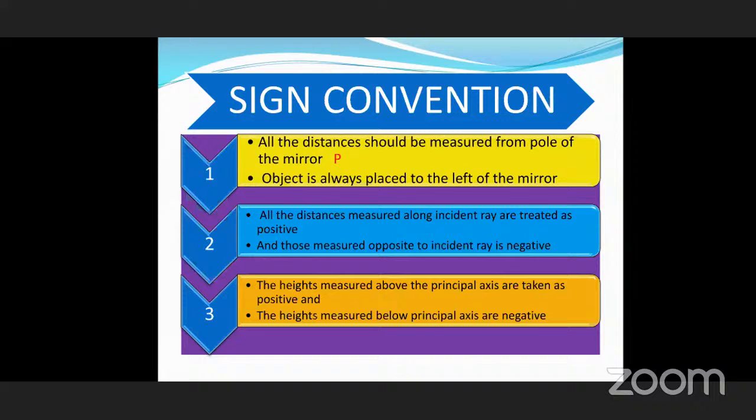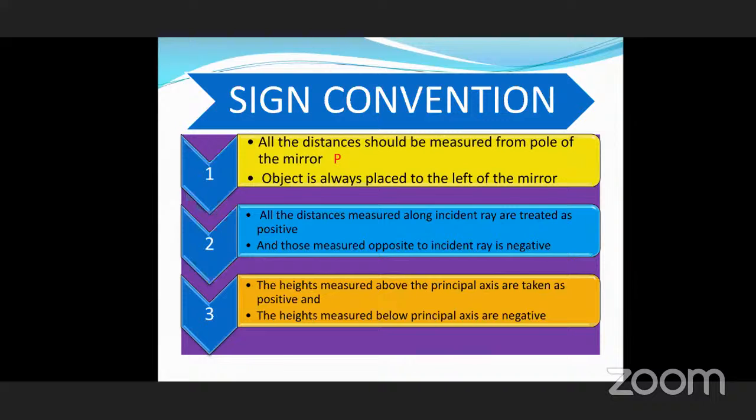Similarly, while we are using any mirror, we have to use some sign conventions. Otherwise, you can't understand where we have taken the object and where you are placing the mirror. All these we cannot understand. That's why the first rule is that all distances should be measured from the pole of the mirror. We have already discussed what the pole is. That is the geometric center of the mirror.